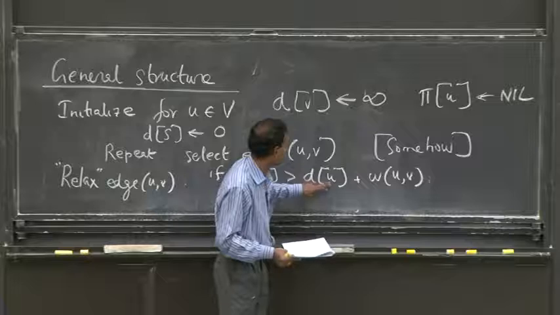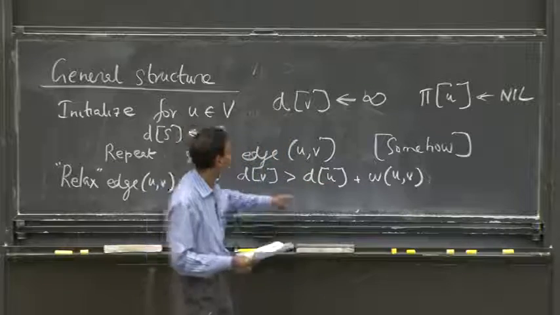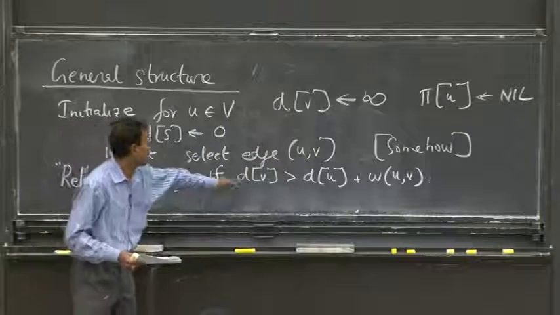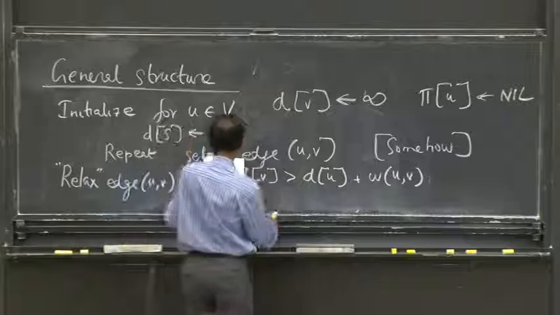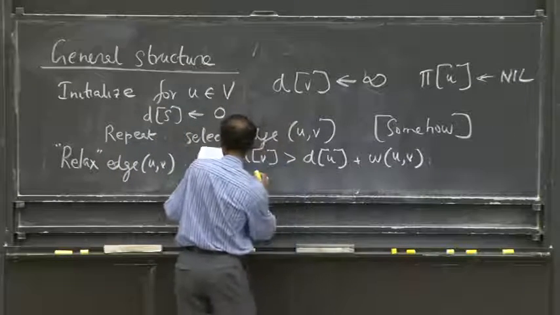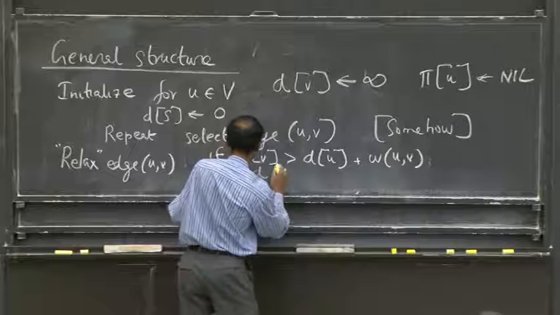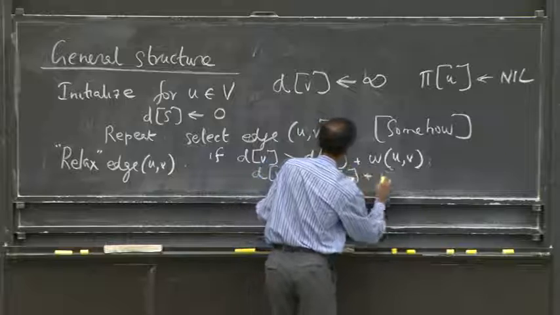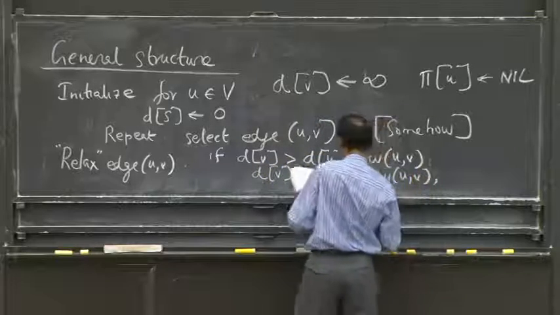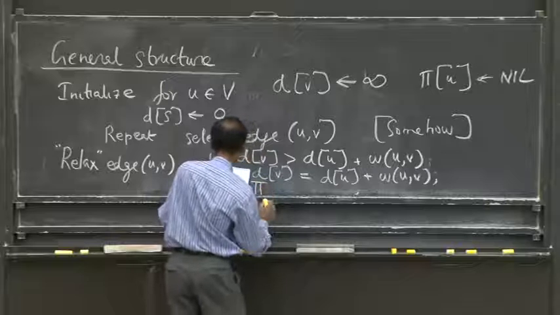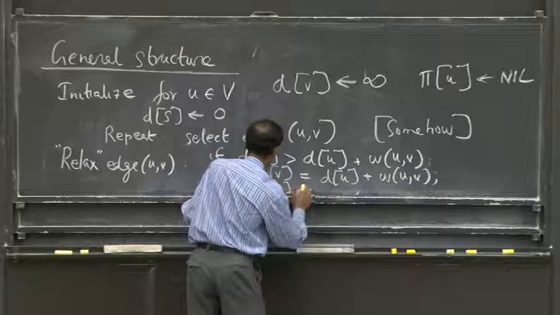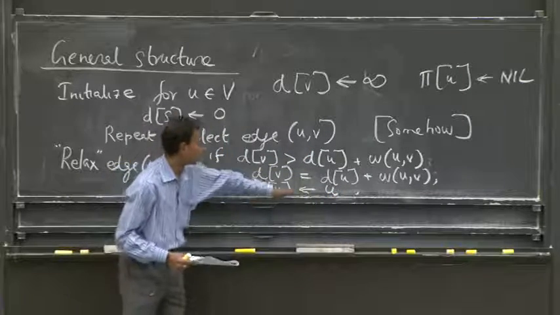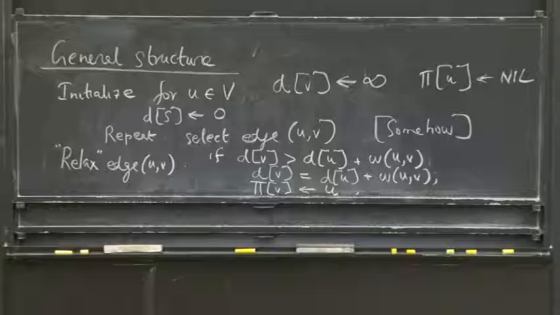But I know that d of u, for example, is a finite number, and I do know that this edge exists from u to v, which means that I can update the value of d of v, and that's what we call relaxation of the edge uv. So if the if is true, then you set d of v to be d of u plus w uv, and you also update the predecessor relationship, because the current best predecessor for v is going to be u. Right? So that's the notion of relaxation.